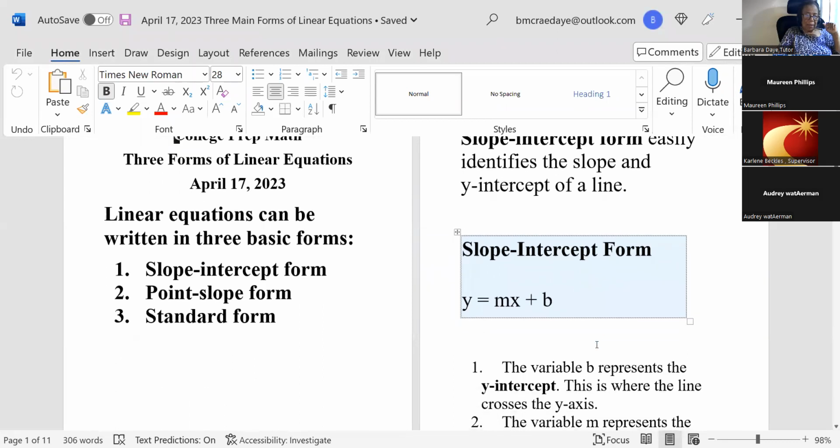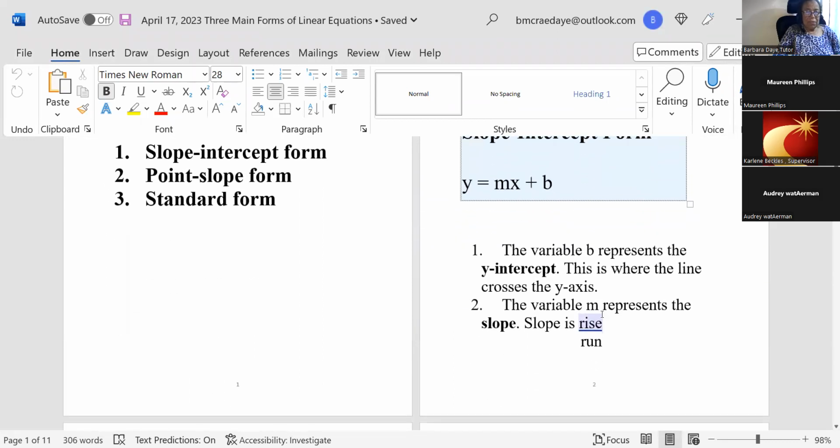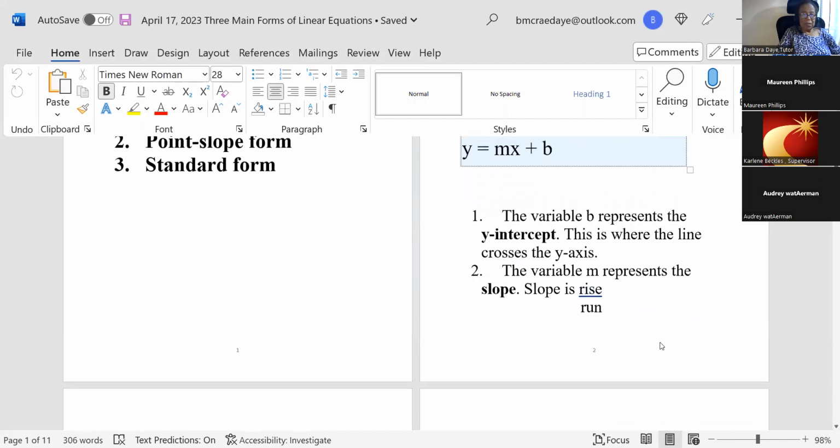Now, this is what this is saying here. And then, of course, slope is rise over run. Just remember, rise is the y. Rise up, vertical, run across, horizontal. So that means the difference in the y values is rise, the difference in the x values is run.